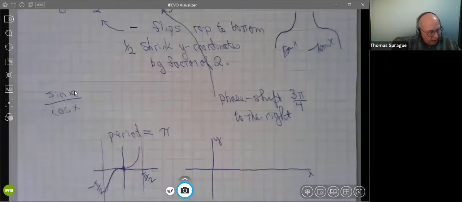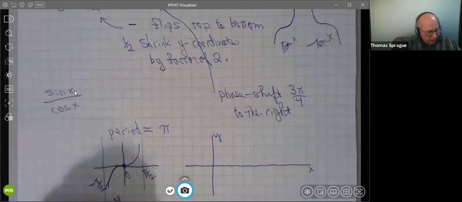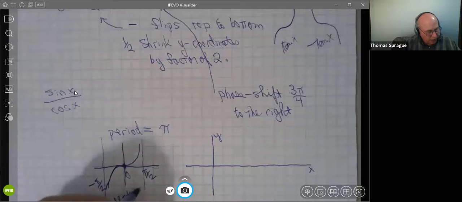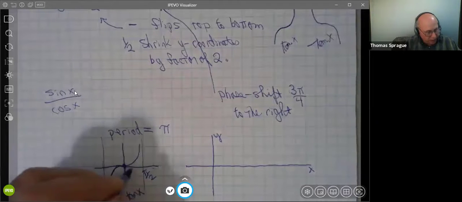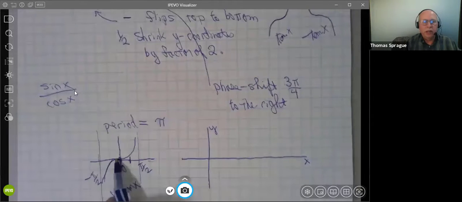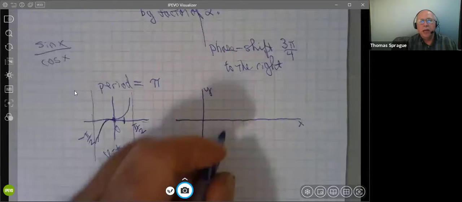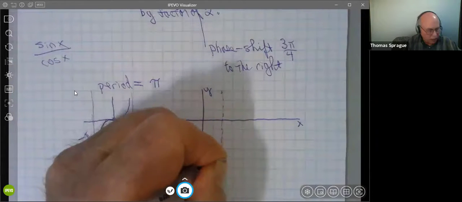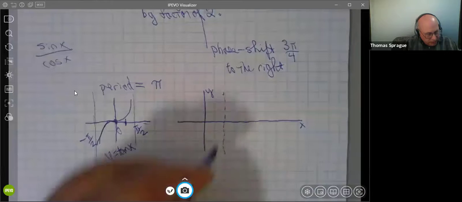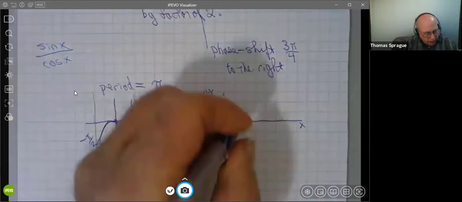And that is 0 on the uncomplicated y equals tan x. So this point here now gets shifted to 3 pi over 4, which is, that's pi over 4 there. So it gets shifted over to the other side of that vertical asymptote. So let's get this sketched in. Pi over 2, that's pi, that's 3 pi over 2.